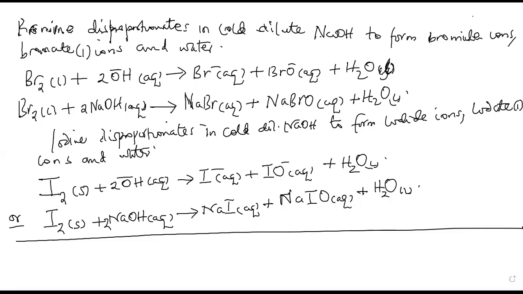Now, I want you to understand that the chlorate 1 formed and the bromate 1 formed can undergo further disproportionation, apart from the iodine. But the other two, the chlorate 1 ion and the bromate 1 ion, undergo further disproportionation if you heat.